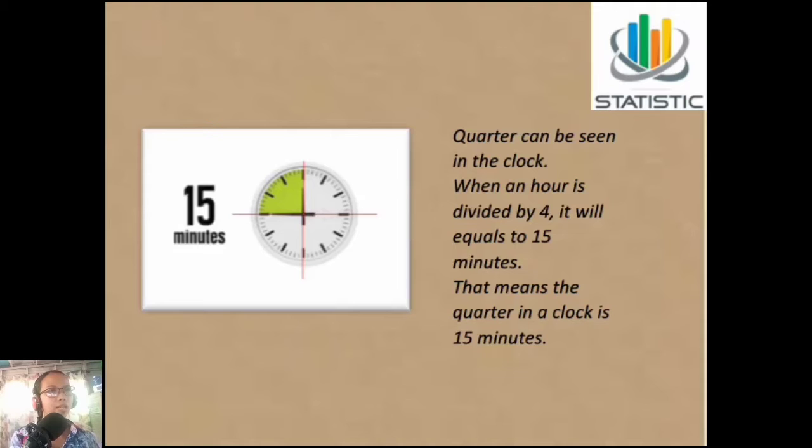Let's take a look at this. A quarter can be seen in the clock when an hour is divided by 4. It equals 15 minutes. That means the quarter in a clock is 15 minutes. The first quartile marks the quarter or 25% point.